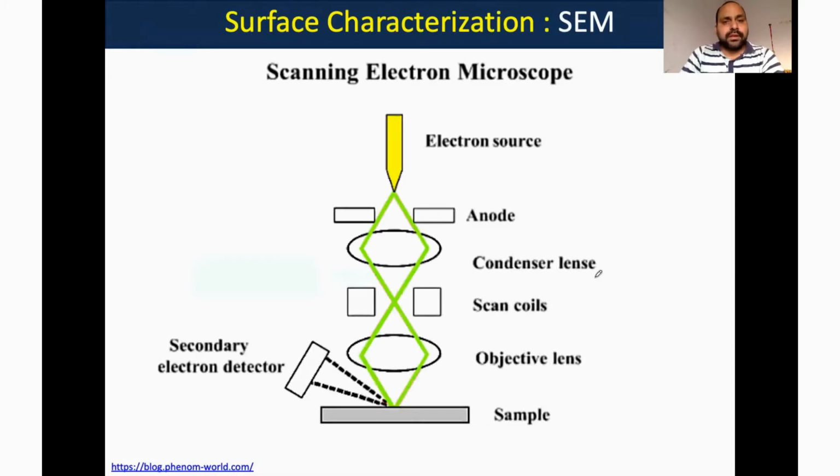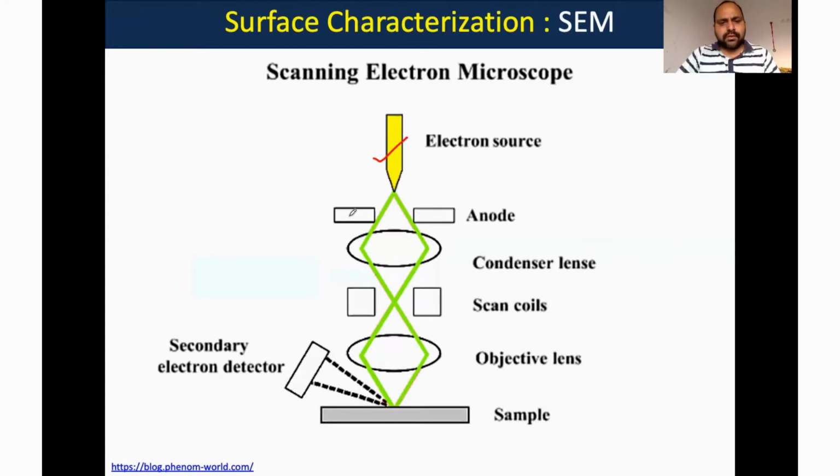So here you can see a basic block diagram of a scanning electron microscope setup. As I said earlier, we need to have one electron source. Generally we use field emission based electron source, or sometimes thermionic also.